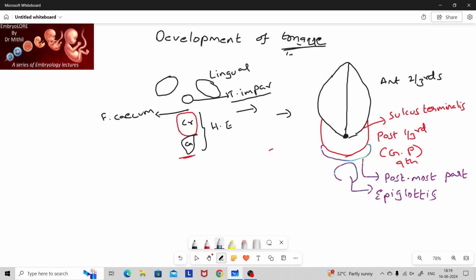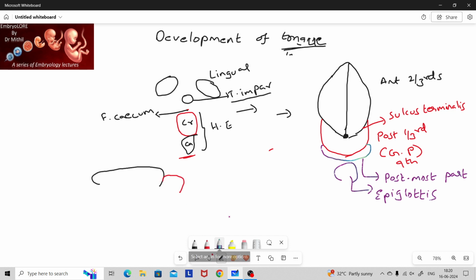Now during the sequence of these events, the third arch mesoderm grows over the mesoderm of the second arch, which we will see in a sideways picture. Here we see the first arch, and here the second arch.